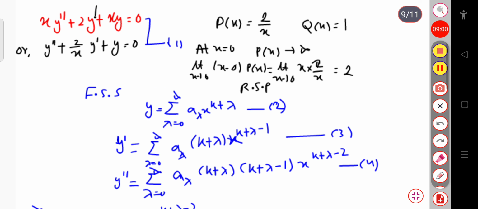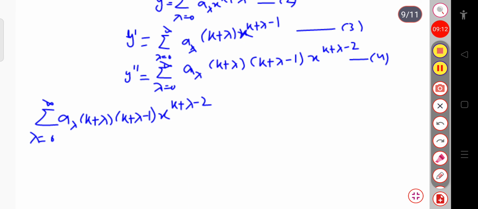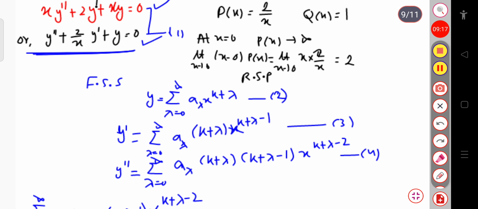You may put it in this expression or in that expression, it depends on you. I will directly write the y double prime value as this much. Now this is plus 2 by x into y prime.